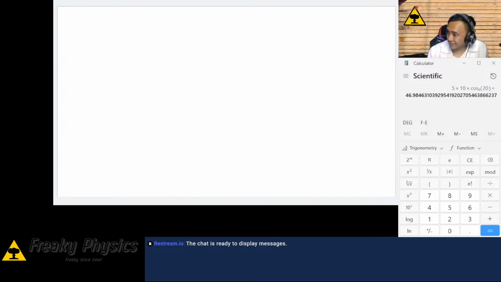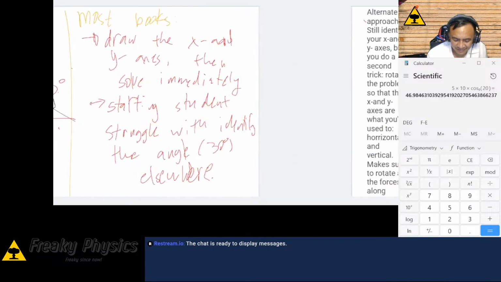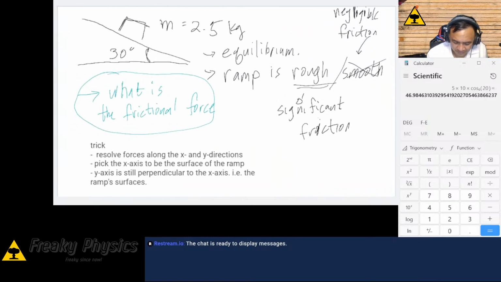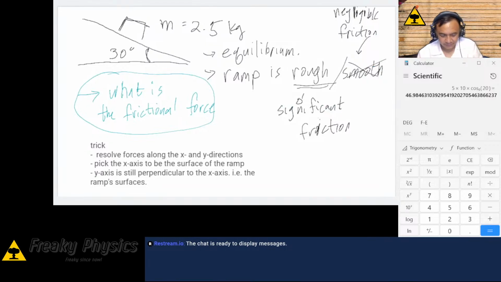Still in equilibrium to make it easier, but I'm gonna revisit the first problem, just as an example. So if we revisit this problem, let me just take a screenshot to make it a bit easier.